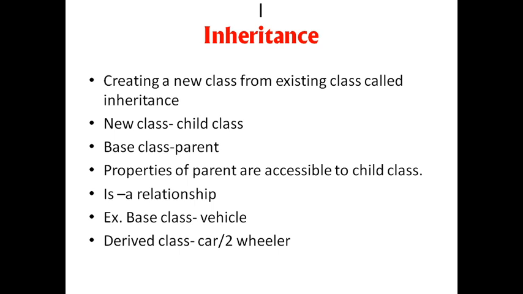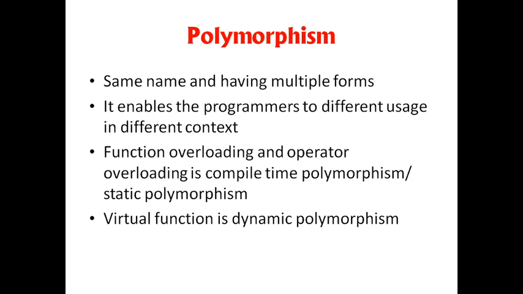Next is polymorphism. It is the most useful feature of object oriented programming. Poly means many and morph means forms. That means the same name having multiple forms. That is, it enables programmers to make different uses in different contexts. For example, suppose a function name is draw.